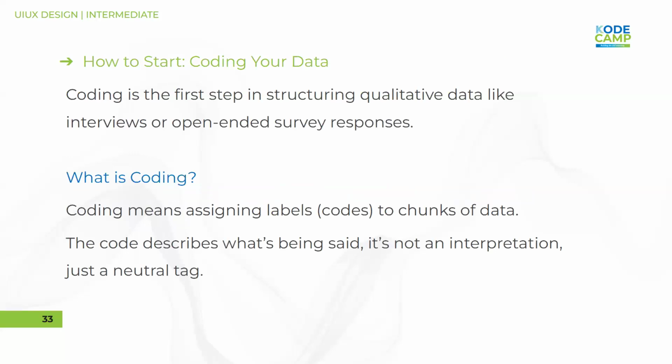When I say coding, it's not the coding that we all know, like coding HTML, CSS, or Python. Coding is the first step in structuring qualitative data like interviews or open-ended survey responses. Coding means assigning labels to chunks of data.